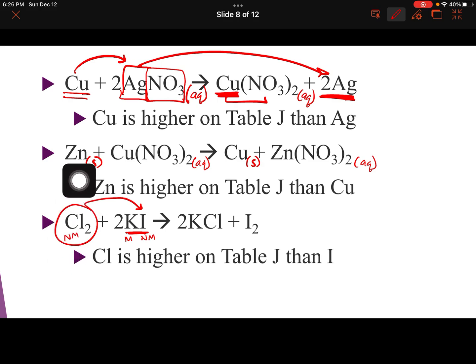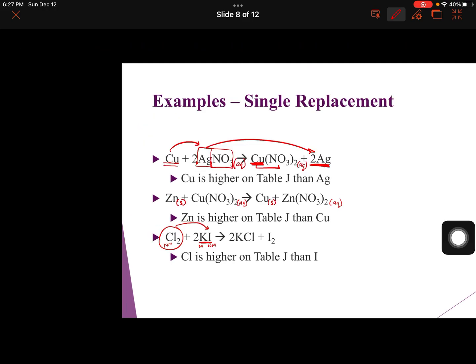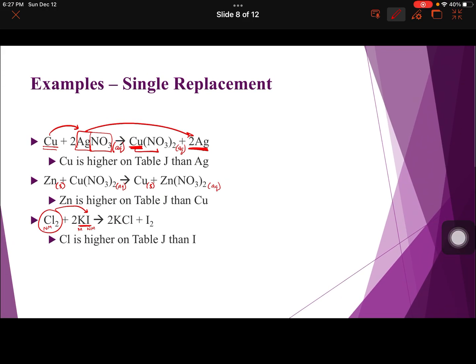If it's a metal, you're looking for the metal in the compound to see if a replacement can occur. But if the single element is a non-metal, you're looking for a non-metal from the compound to replace. So in this case, chlorine plus potassium iodide would produce potassium chloride, and then iodine would get kicked out. Again, I will explain those further in class, but that's what they look like.